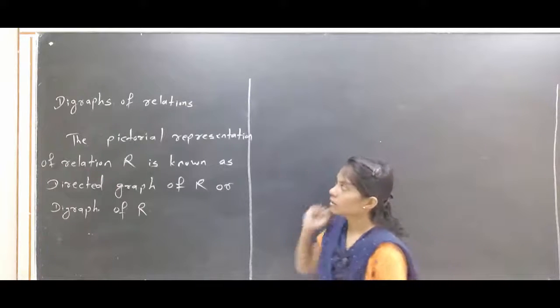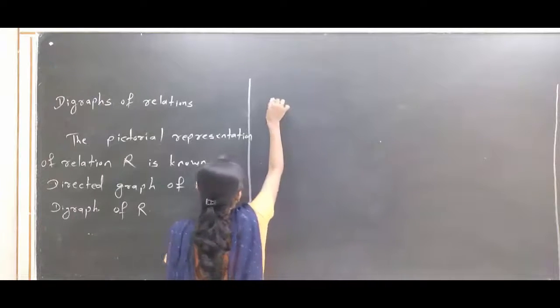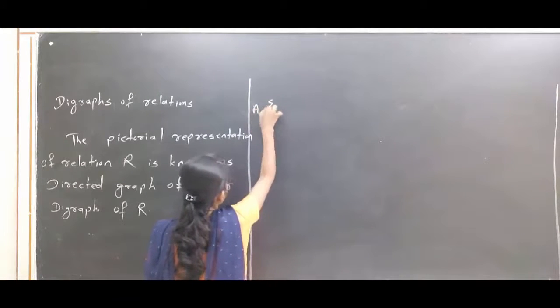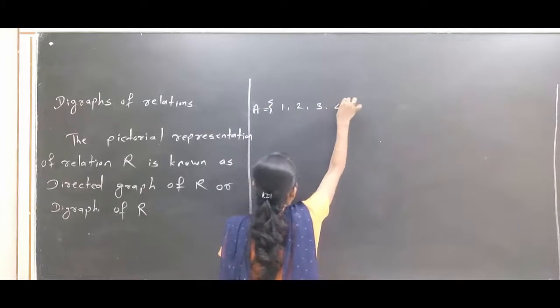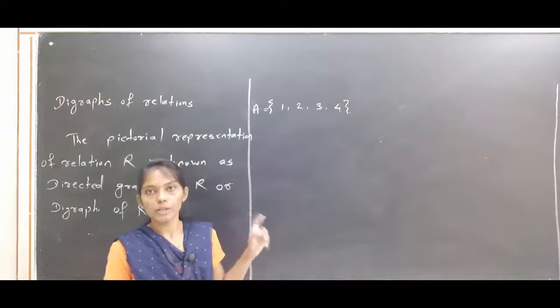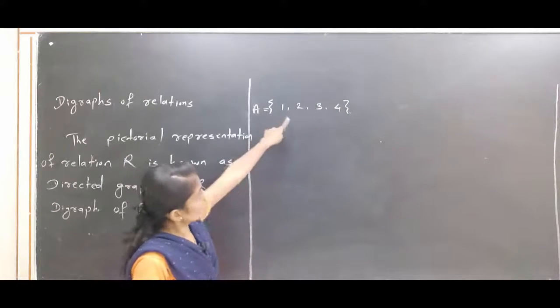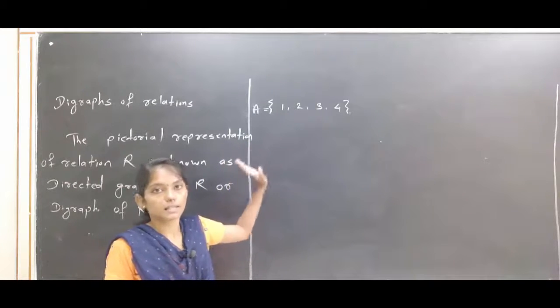So here in digraph, suppose we consider the set A equals 1, 2, 3 and 4. Suppose this set contains 4 elements, 1, 2, 3 and 4. We represent these elements by a small circle.